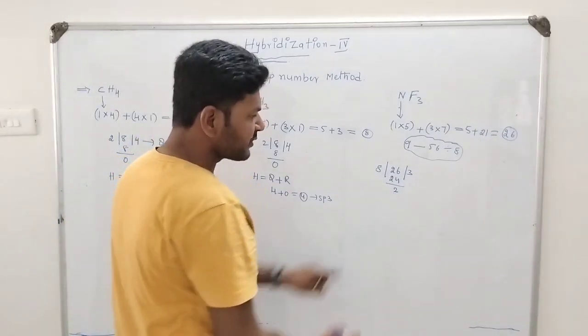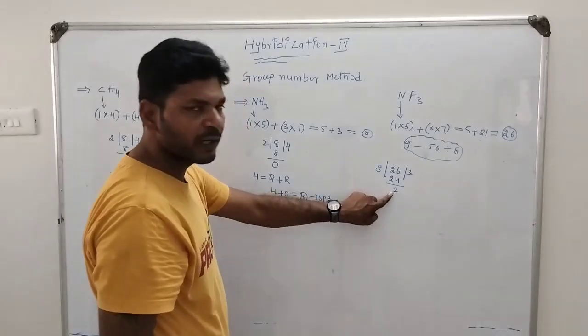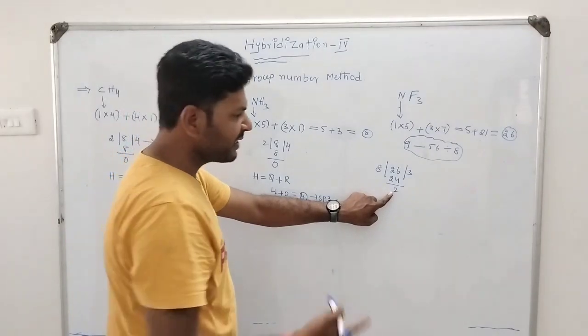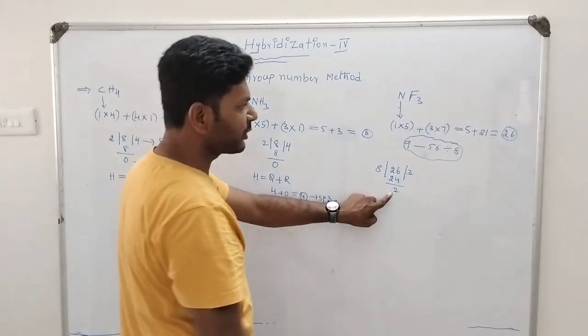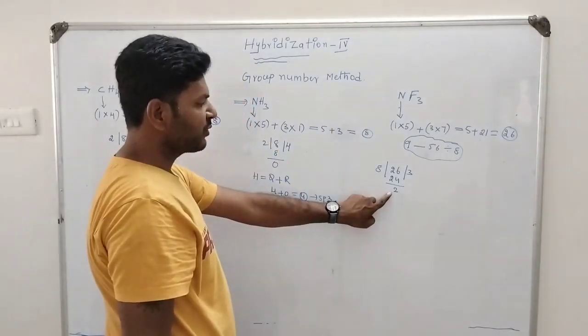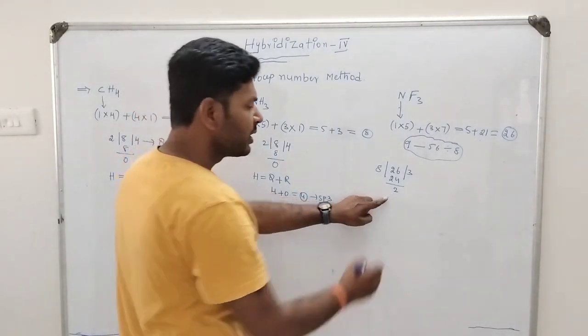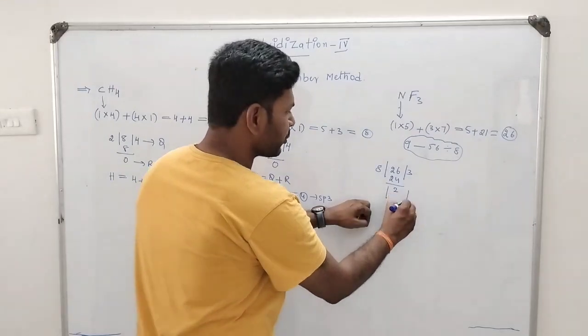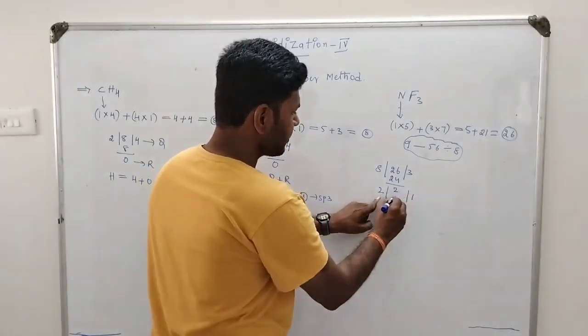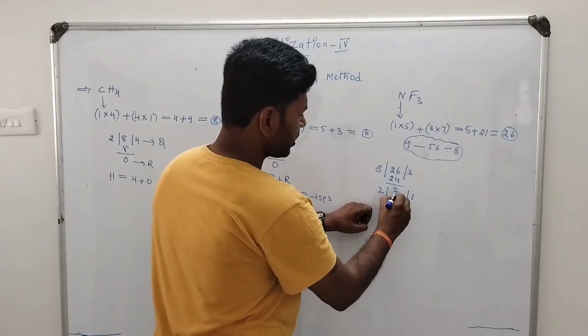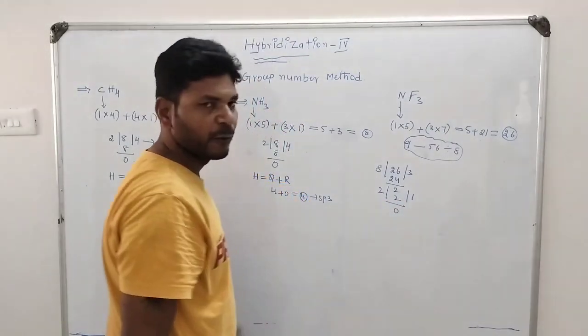Again we check the remainder value; it is more than 1. So the valence electrons are calculated according to 2 to 8 again. The remainder value here is 2, so we divide by 2. 2 ones are 2, so the remainder is 0.